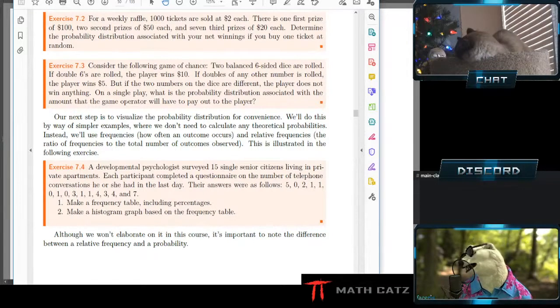Those two things in combination really decide everything moving forward. So we're rolling two dice, six-sided, fair, balanced dice, and we want to see the two numbers.